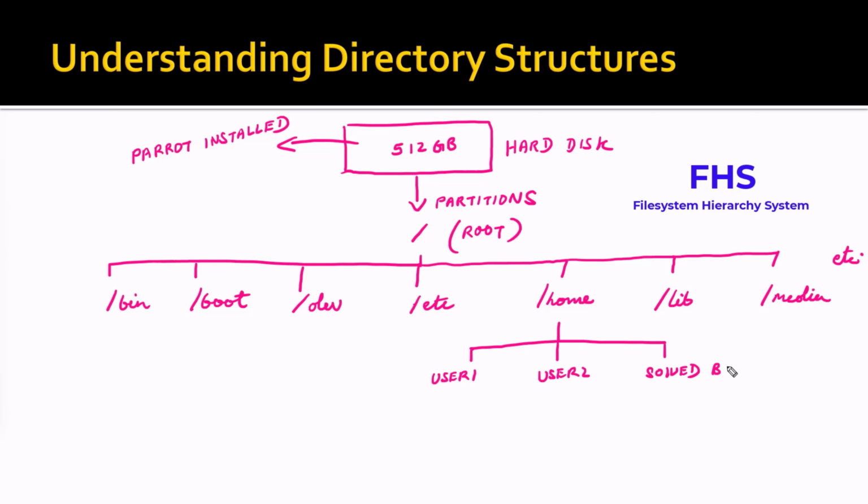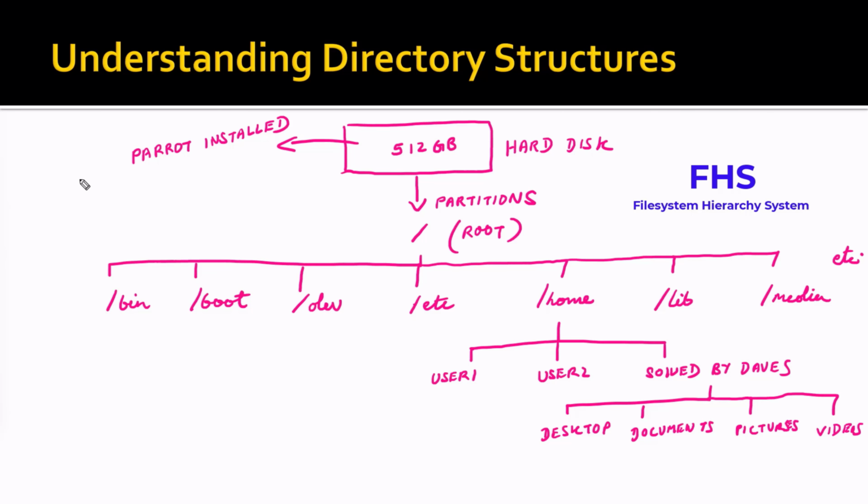It begins with a single root directory and branches out into various subdirectories, each serving a specific role or function. The organization ensures consistency across different Linux distributions and simplifies system administration and navigation.